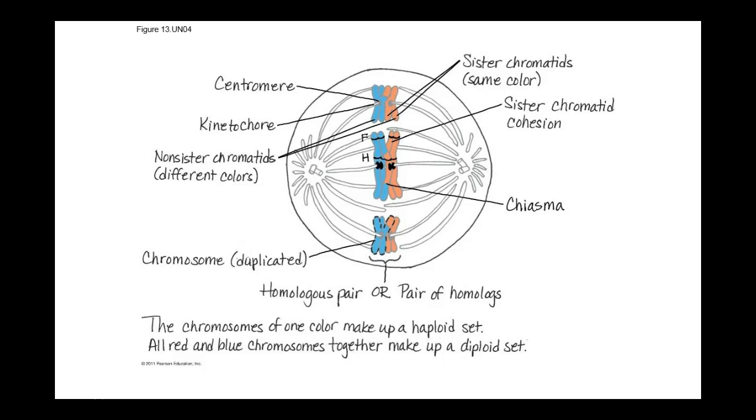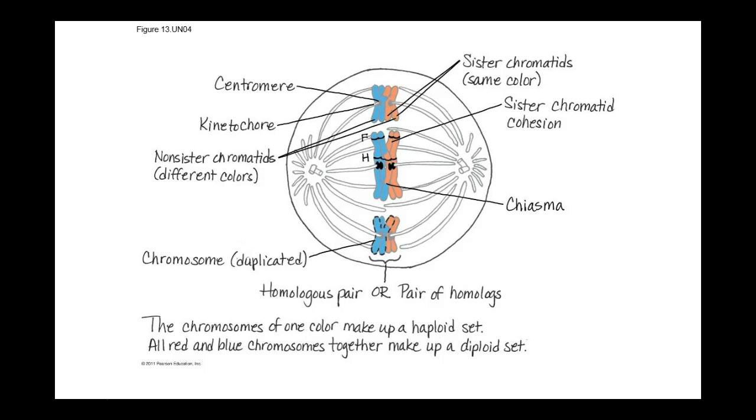This chiasma is a new term. We'll talk about it a little bit more, but it's a place where you have fragments of broken DNA that can then attach to the broken DNA on a sister chromatid, or a non-sister chromatid, I guess you might say, of the homologous chromosomes in this process that we're going to explore called meiosis.